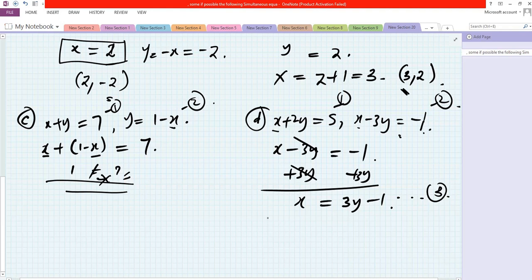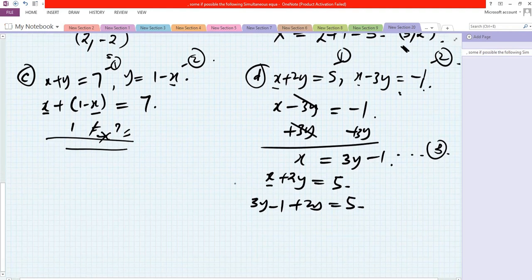So in equation 1 you have x plus 2y equal to 5. So replacing x with 3y minus 1, we'll replace it with 3y minus 1 plus 2y equal to 5. Now you add the like terms.